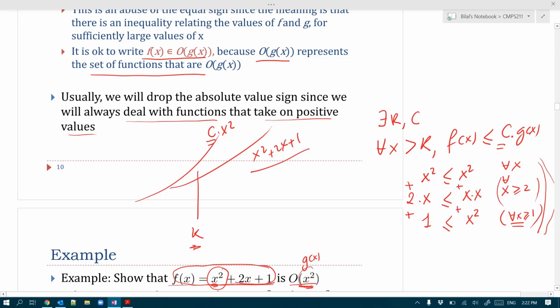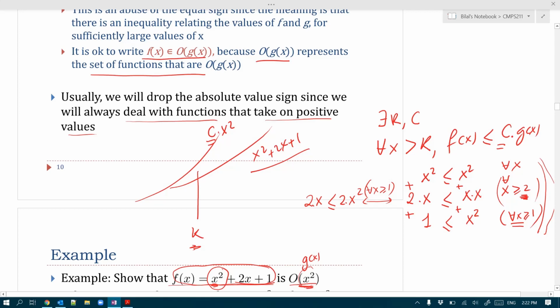We can take as a common range x greater than or equal to 2 in this case. Or we can also replace this one by the fact that 2 times x is less than or equal to 2 times x squared for every x greater than or equal to 1, so it's up to you. You pick your ranges, your k, and accordingly you will have different constants.